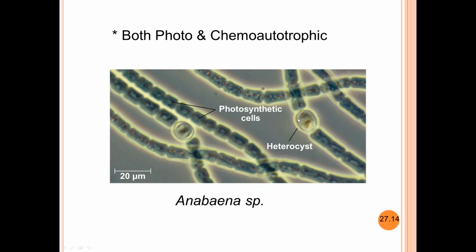So let's just back up for a second. You have a colony of filamentous bacteria that are all stuck together. Most of them are vegetative cells that are going to feed through photosynthesis, while others in the colony are going to be these round cells. You can kind of make out that they look different than the vegetative cells, called heterocysts. And they're going to undergo nitrogen fixation, and that is a type of chemoautotrophic metabolism.